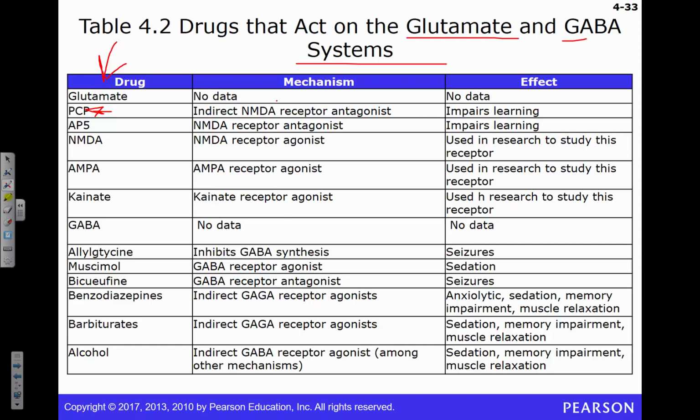It's actually an indirect NMDA receptor antagonist, which, not surprisingly, means it's going to impair learning. I don't know if that was a shock to anybody. So you can give rats PCP, for example, and they probably won't learn how to get through a maze, right? It's not so bad.